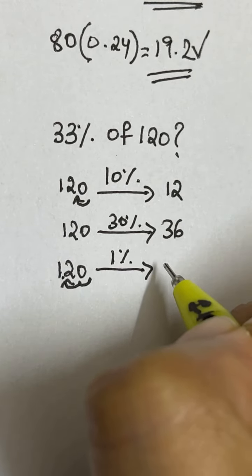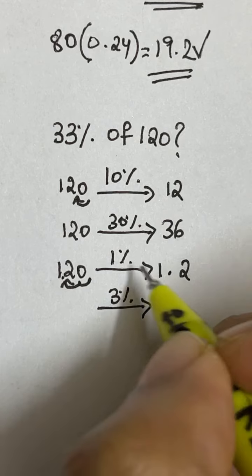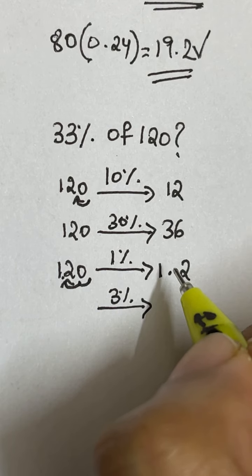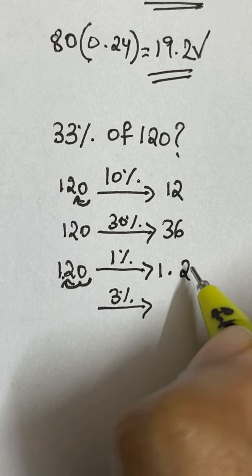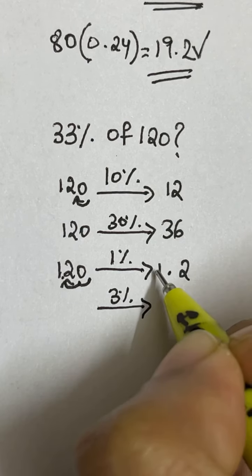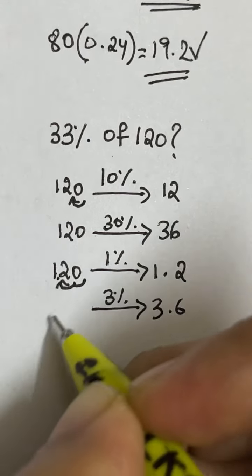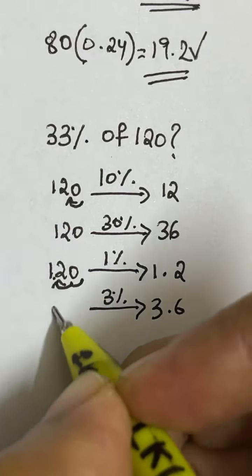Now it's easier to find 3%. 3% is just 3 times 1%. So 1.2 times 3 will give you 3.6. 3 times 2 is 6, 3 times 1 is 3. So 3% of 120 is 3.6.